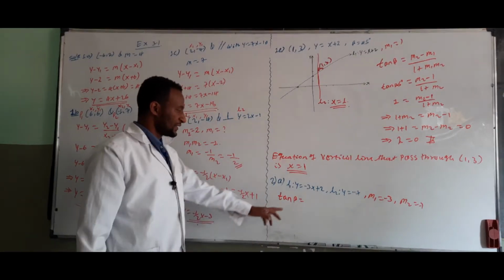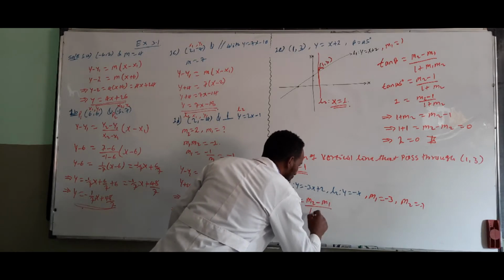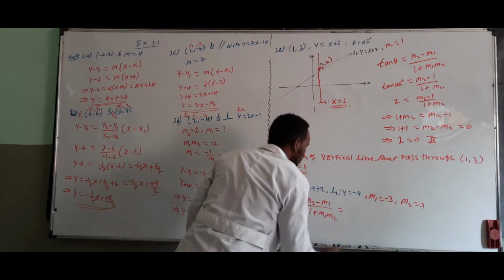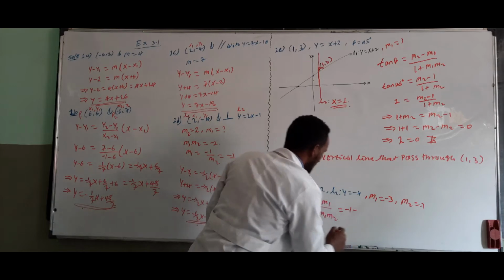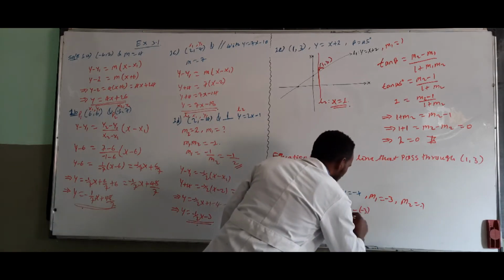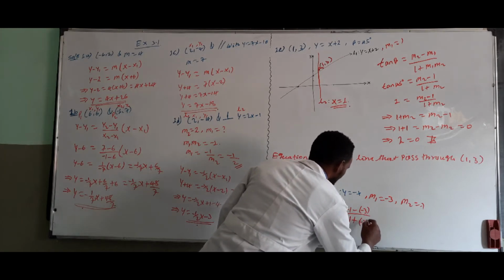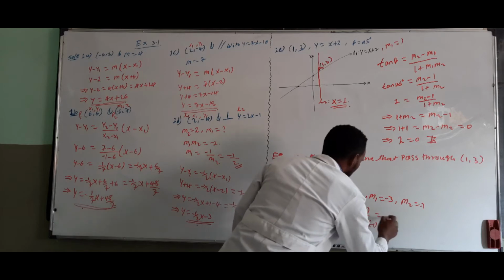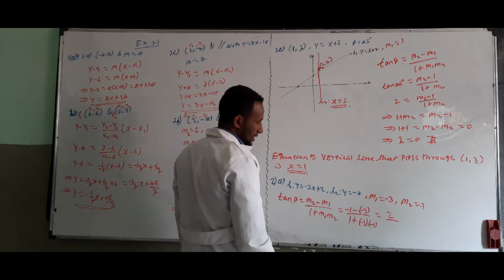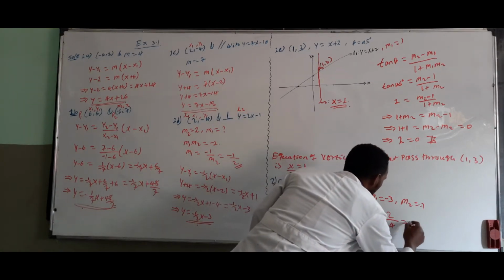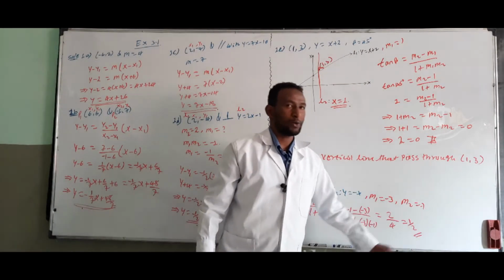Then we can find tan of beta is equal to m2 minus m1 over 1 plus m1 times m2, which is negative 1 minus negative 3 over 1 plus negative 3 times negative 1, which becomes 2 over 4, which is equal to 1 over 2. Then tan of beta is equal to 1 over 2.